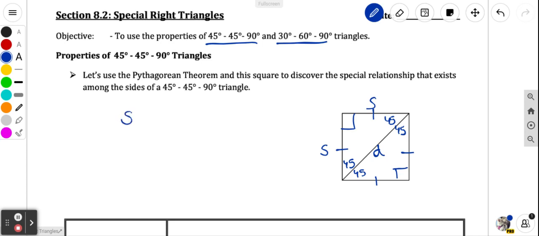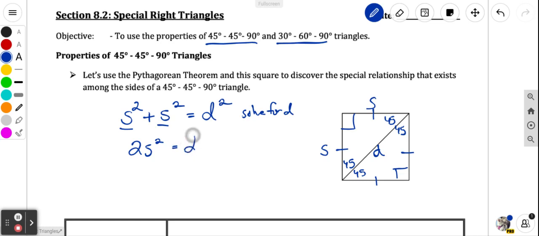So I'm going to have S squared plus S squared equals D squared. If I were to solve for D here, I'm going to combine S squared and S squared to get 2S squared. Now to solve for D, I'm going to take the square root of both sides. So I have D equals.